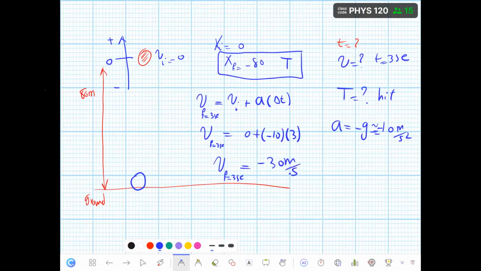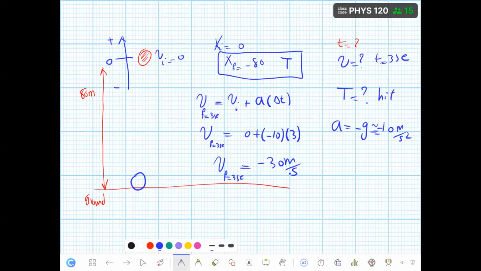1 second later, negative 10. 2 seconds later, negative 20. 3 seconds, negative 30. 4 seconds, negative 40. So you can do the same thing. Every second, the velocity increases by 10 meter per second, but downward.